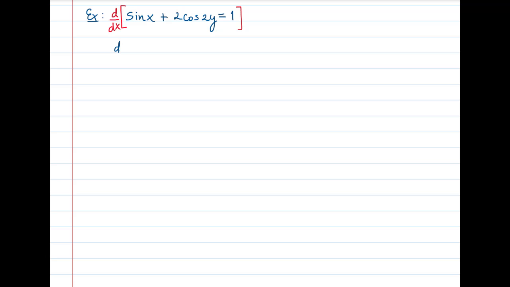Right? Take the derivative with respect of x of sine of x, and we'll do that for each term of the equation. All right, derivative of 2 cosine of 2y equal to the derivative of 1. All right, so derivative of sine is cosine plus you have the derivative of 2 cosine 2y.